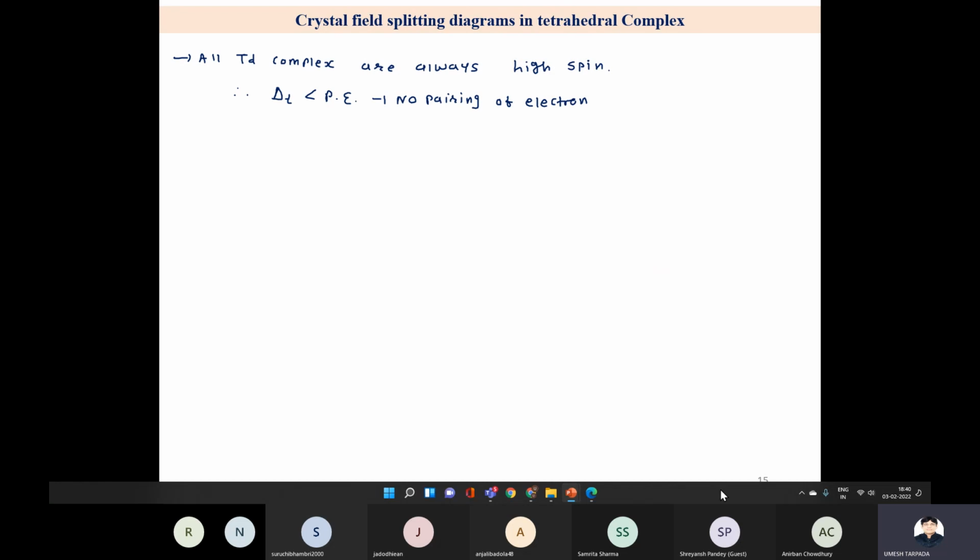Pairing is not possible here. As a result, this complex is a high spin complex.